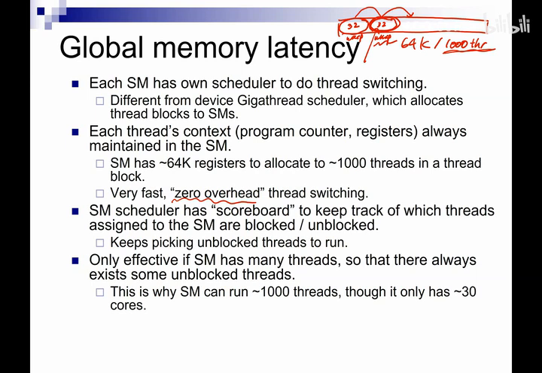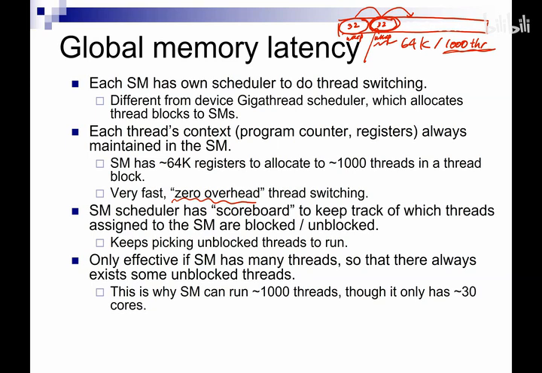So if we have 1,000 threads, then we can have up to 32 warps that we can be switching between. This helps us do our massive multi-threading, and this is also the reason why you want to maximize occupancy on an SM. Remember from the previous lecture that our goal in deciding things like block size or other parameters is to make sure that we can run as many threads as possible on an SM.